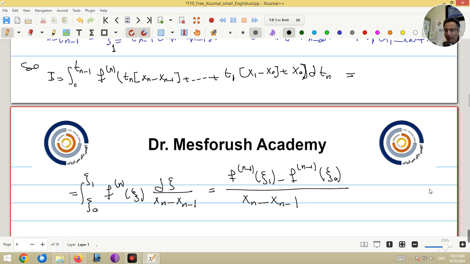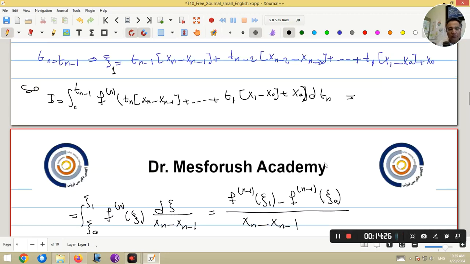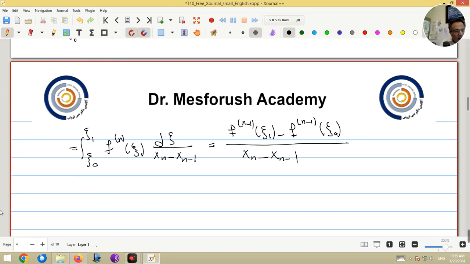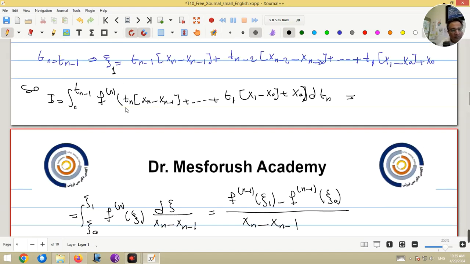Now, take the integral from both sides of this equality. In fact, the integral, but not the regular integral.